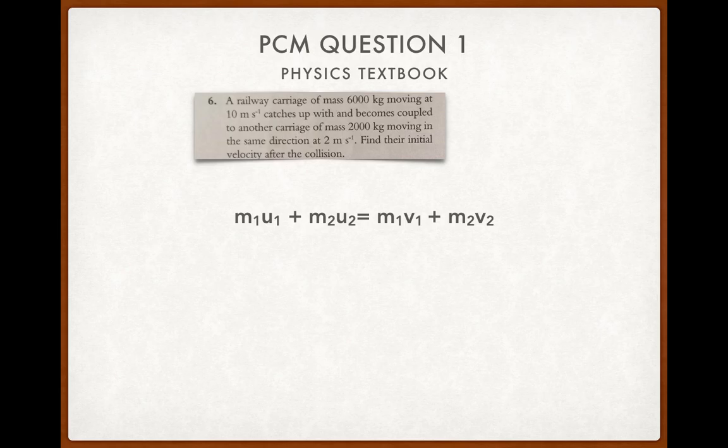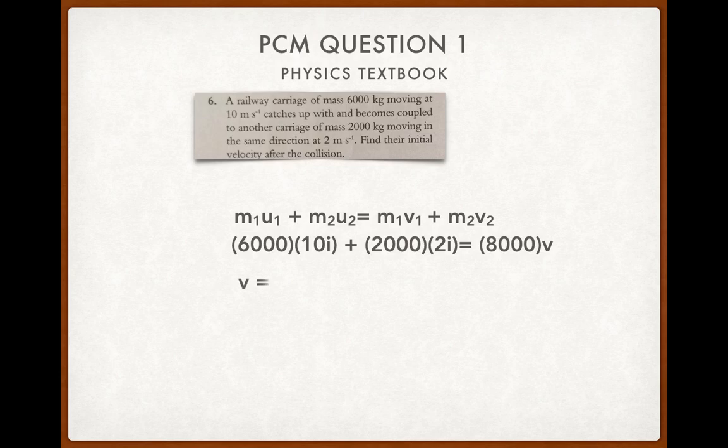Both of those have got the same sign because they're in the same direction. And then V1 and V2 are equal. I put in the i's into it, and then when I simplify that, I get 8i. And that would make sense direction-wise. If they're both going to the right, when they join together, they will end up going to the right as well, with a velocity somewhere in between the two of them.